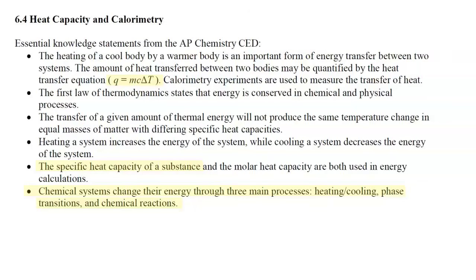And it's important to note that chemical systems change their energy through 3 main processes: heating and cooling, such as transferring a hot piece of metal to room temperature water, which we saw earlier in this packet; phase transitions, such as melting, freezing, evaporation, condensation; and chemical reactions.